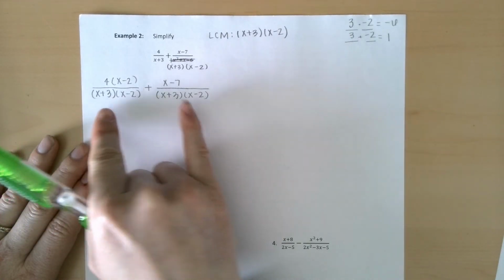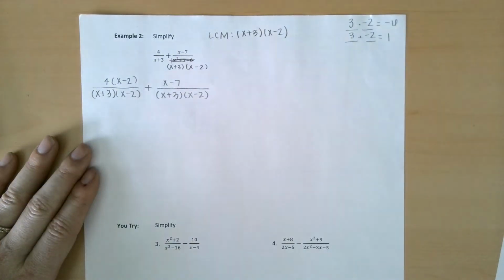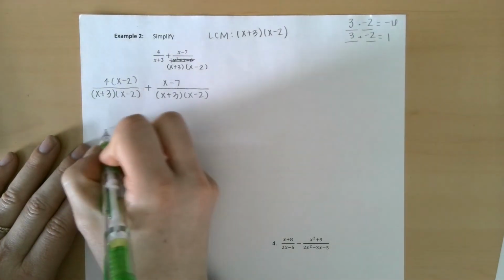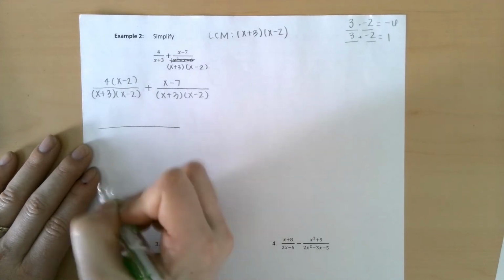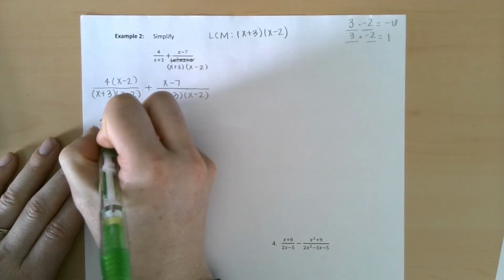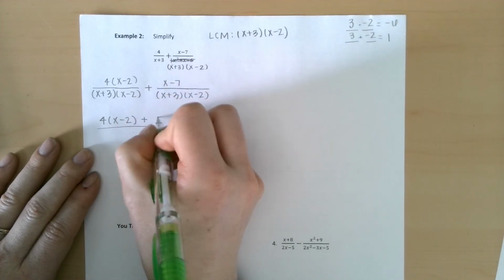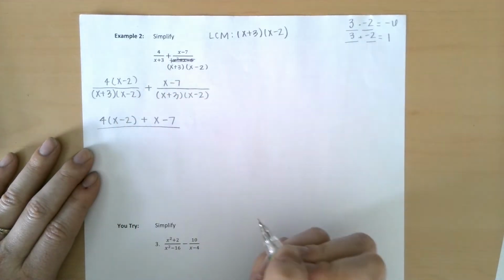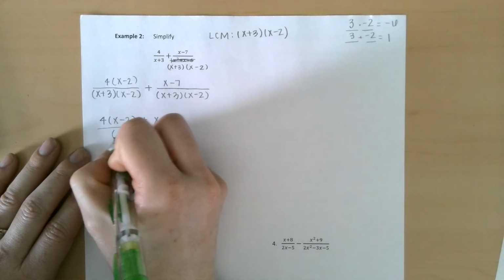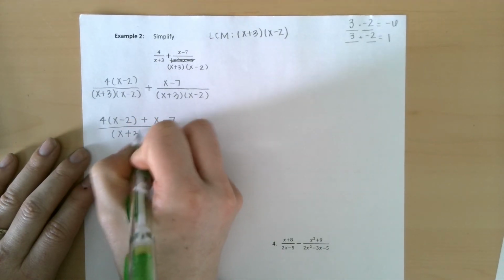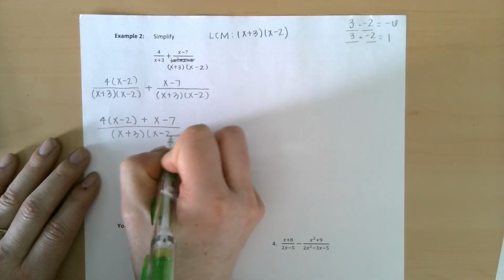Looking quickly at these two denominators, hopefully we notice they are the same, so we can combine this into one big fraction. I'm going to write my first numerator. We're adding, so I'm going to add the x minus 7. And my common denominator, or LCM, was x plus 3, x minus 2.